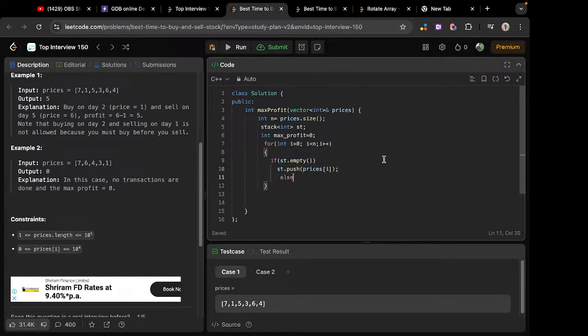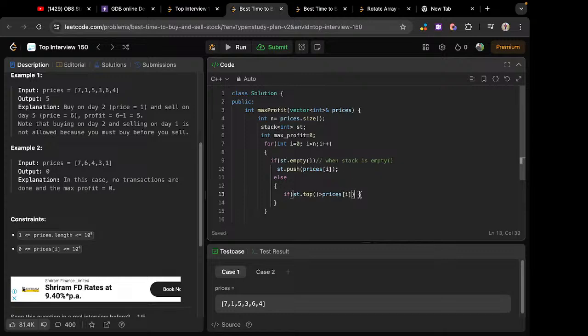Else, if the stack is not empty, I will again check if the st.top element of the stack is greater than the current element, that is prices[i]. Is it greater?